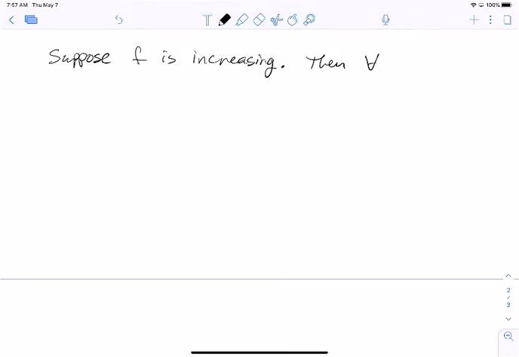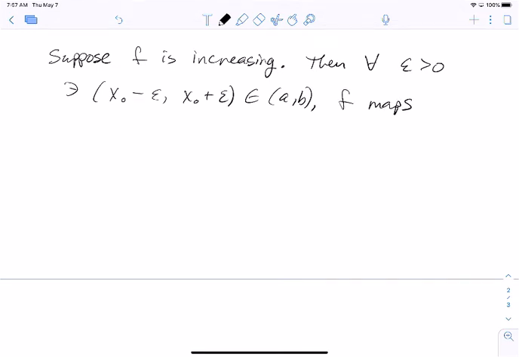Then, for every epsilon greater than 0, such that the interval x0 minus epsilon to x0 plus epsilon is contained in AB, f maps that interval x0 minus epsilon to x0 plus epsilon into f of x0 minus epsilon to f of x0 plus epsilon.